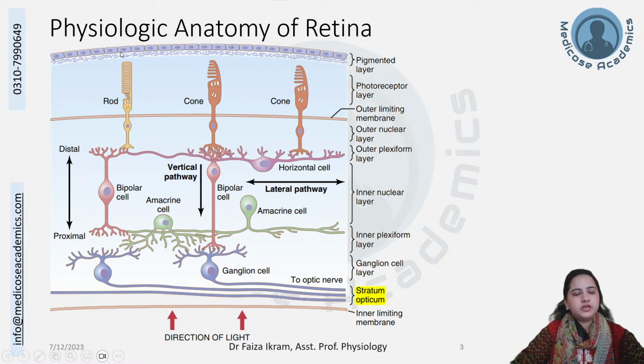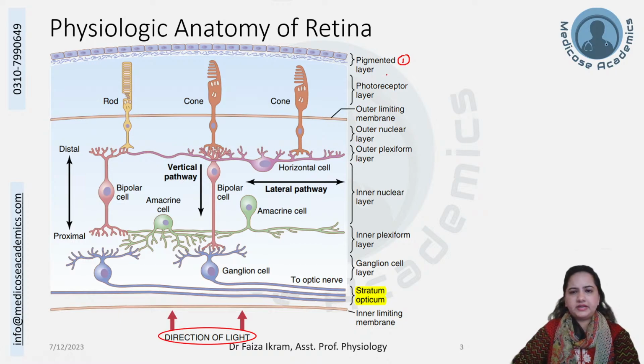In front of you is the anatomy of retina showing different layers of retina. Starting at one end, we have number one, the pigmented layer of retina.